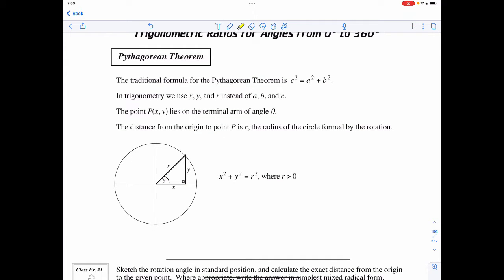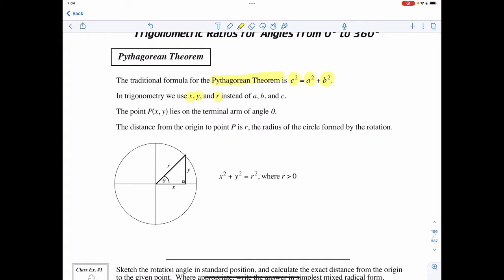One concept we need to know for that is the Pythagorean theorem, where the hypotenuse squared is equal to the two legs squared and added together. But in trig, we use x, y, and r instead of a, b, and c, because we're doing all this on a grid.